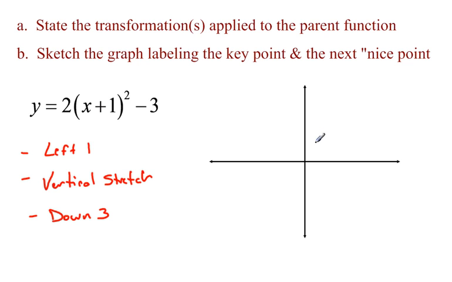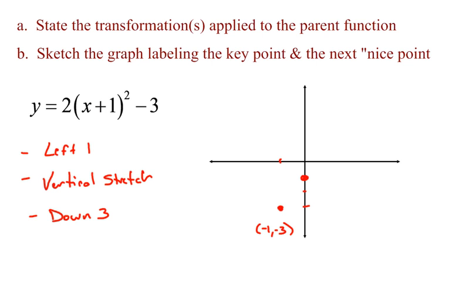All right, so when we do this one, our key point is only affected by that left 1 and down 3. So let's go left 1 and down 3. So there's our key point at -1, -3. And now my vertical stretch is going to take my next point. Instead of going up 1 and over 1, I'm going to go up 2 and over 1 because I stretched it vertically.